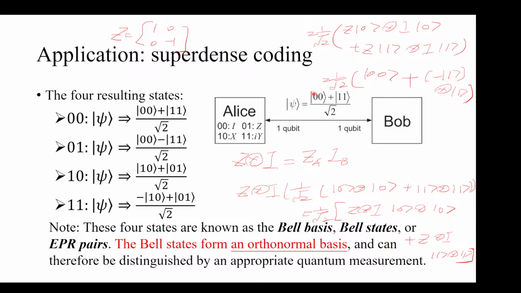So it requires some quantum communication for Alice and Bob to share this state, and that's actually something you can prove. If Alice and Bob each have some quantum computation power, by only sending classical bits, you cannot create shared entanglement between them. So you need some quantum communication to create shared entanglement between Alice and Bob.